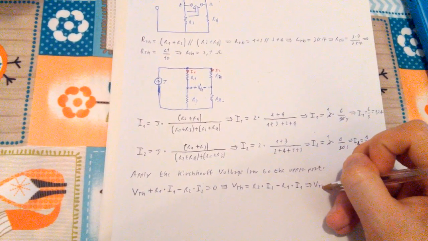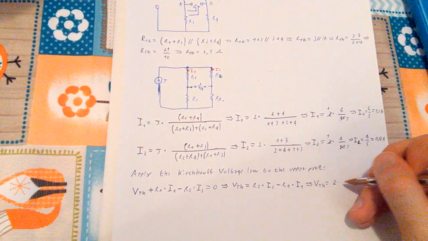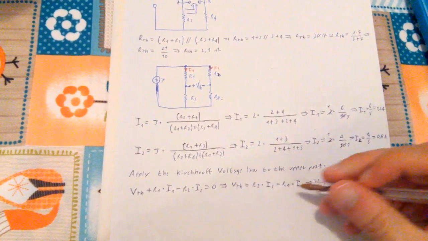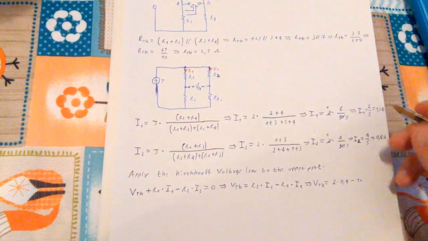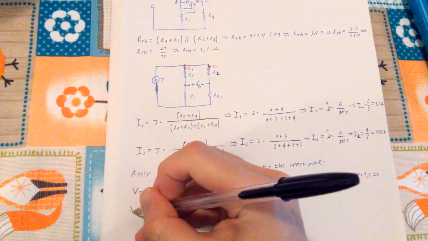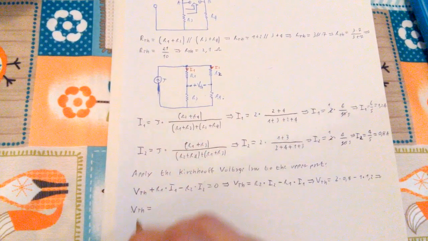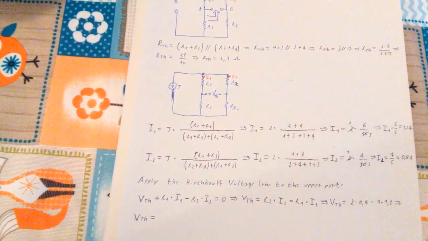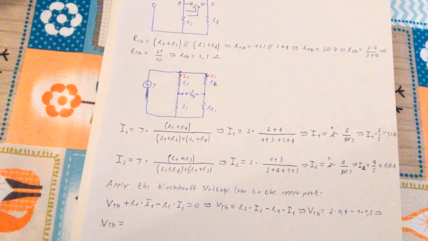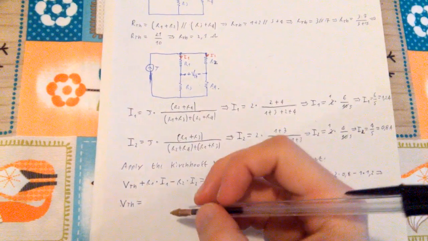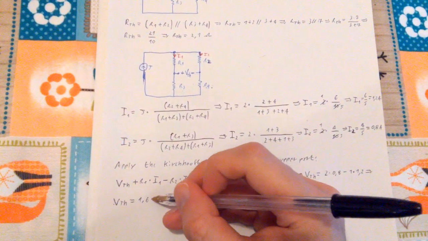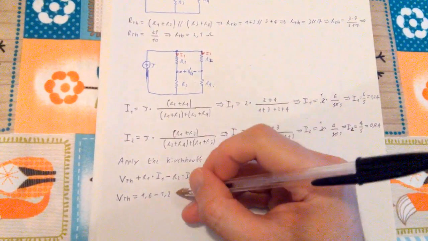So VTH will be 2 times I2, so 0.8, minus R1, which is 1 times 1.2. So VTH is 2 times 0.8 is 1.6, and this one multiplied by 1 is just 1.2.